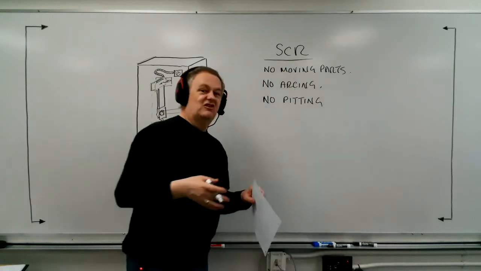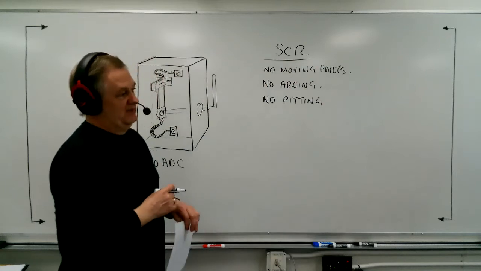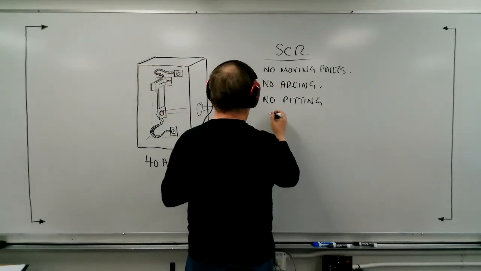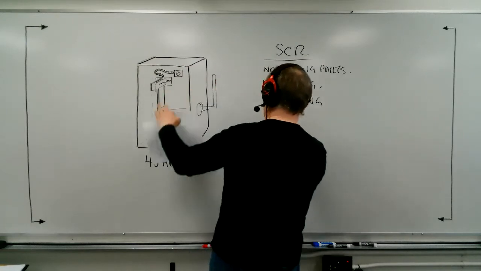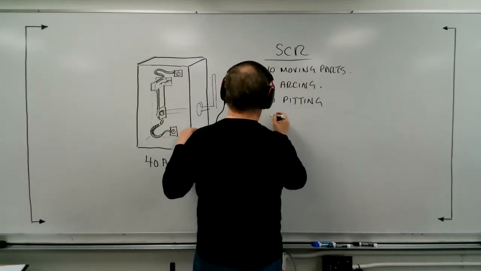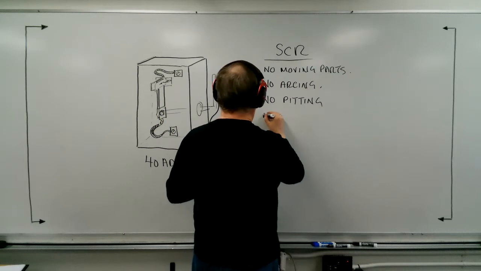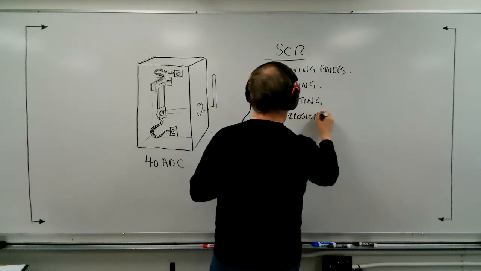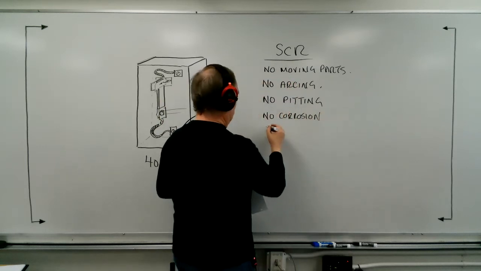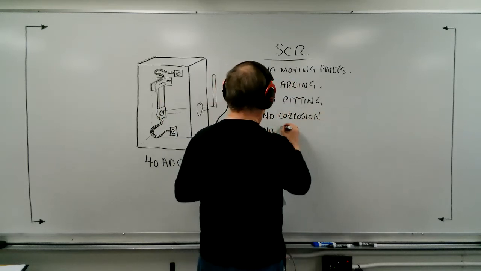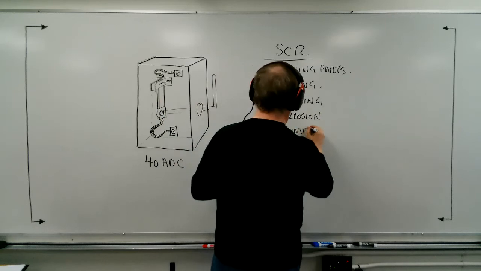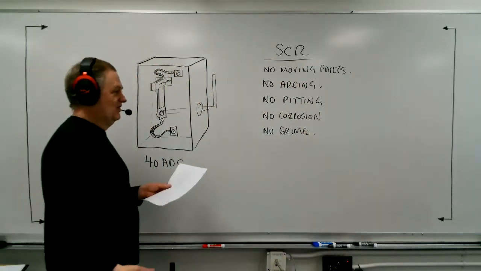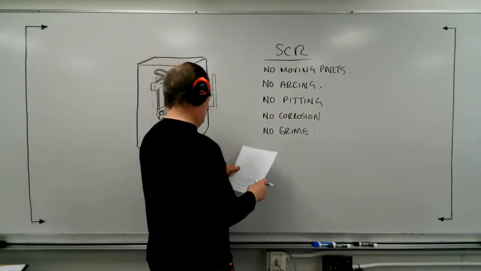You can get rust, patina, dirt, dust, grease, any of a number of contaminants that can gum it up. With an SCR there's no corrosion and essentially no grime builds up in it. They stay quite clean, because everything is internal inside the semiconductor material.